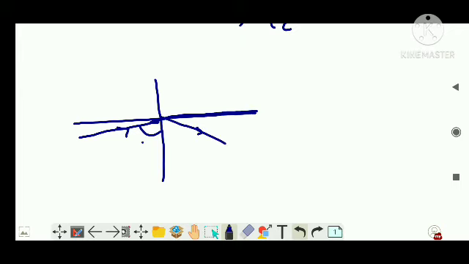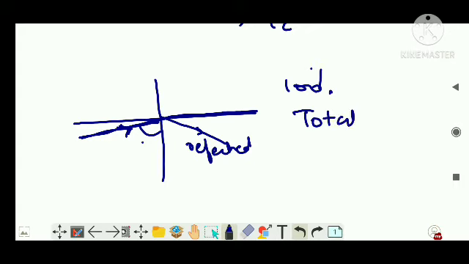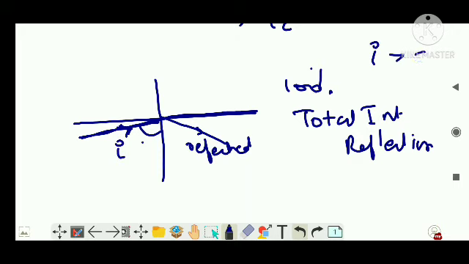That is, all the incident rays have just got reflected. That is, around 100% of the incident ray will be reflected back. Hence, this is known as total internal reflection. So when does total internal reflection happen? When the angle of incidence is greater than critical angle.